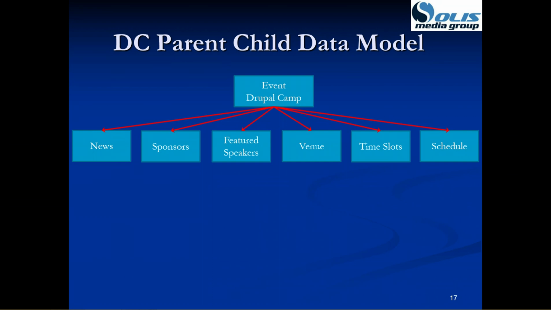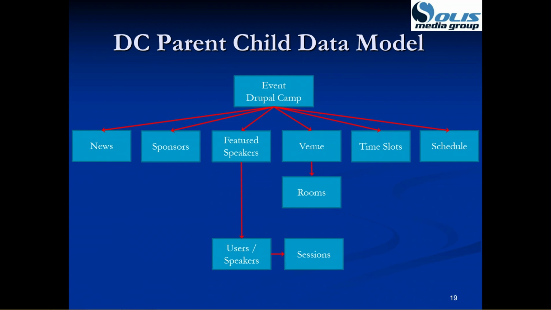Off of that, our next set of children is our users. And the featured speakers are also going to be part of the users. We got into an issue of, do we have a bio or do we have a user? It could have gone either way. It was just a choice. And off the users or speakers, you have your sessions, and off the venues, you have your rooms.